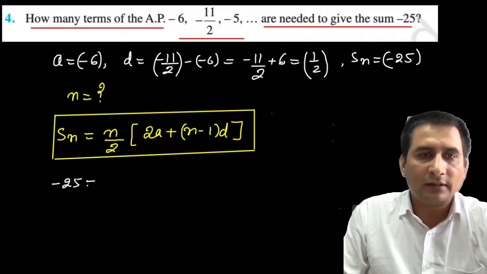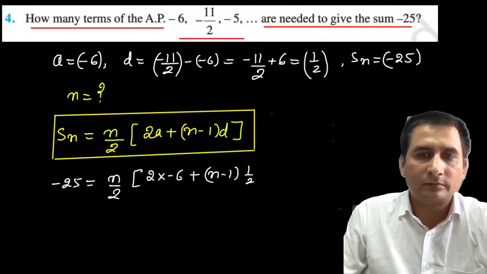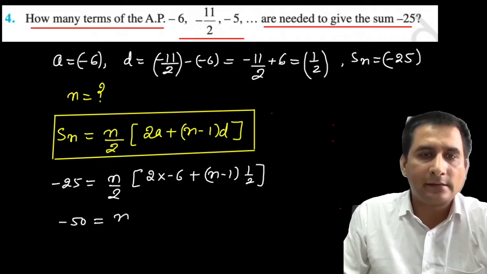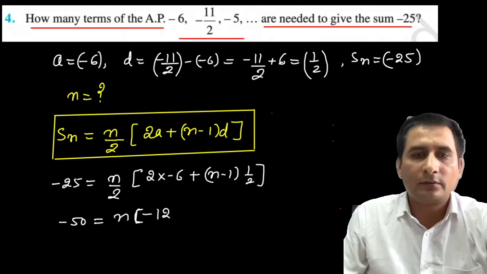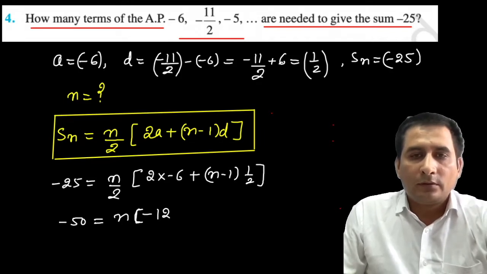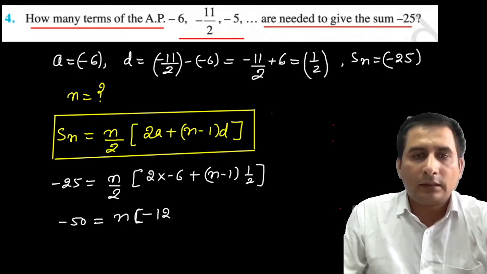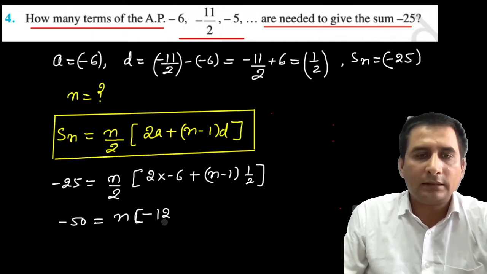It's given minus 25 and we need to find n. a is minus 6 and d is 1 by 2. So it becomes minus 50, minus 12, and if I take the LCM it becomes minus 24 plus n minus 1.